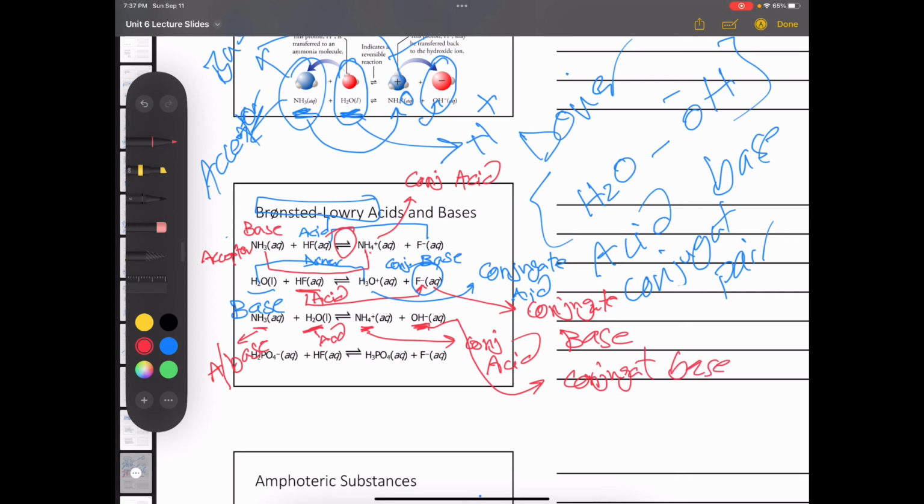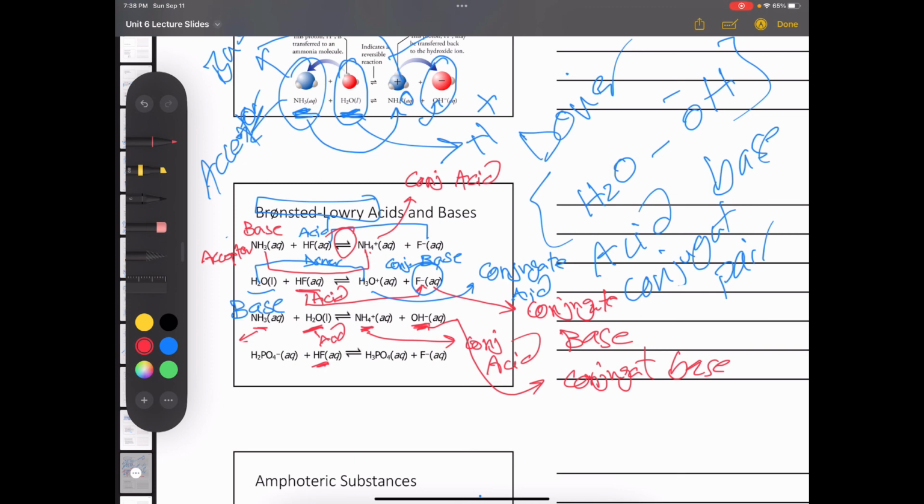Running out of space. Okay, let's look at our last example here. Hydrogen phosphate and hydrogen fluoride. Okay, so at first glance, you will say that both of these are acids based on the Arrhenius definition, right?